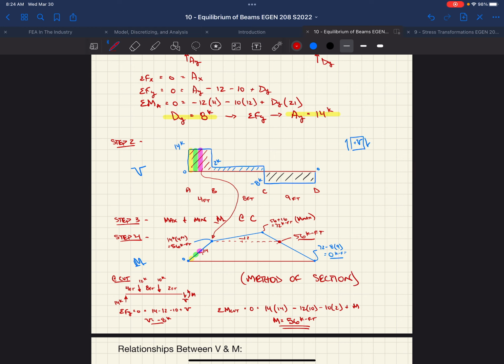And that's just going back to free body diagrams in EGEN 203. If we just cut out a free body, a body of interest, give us our known reactions, our unknowns, we can use our equations of equilibrium and figure out what our unknowns are, okay?